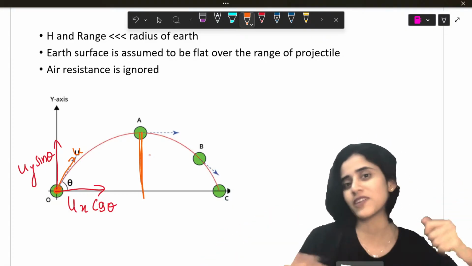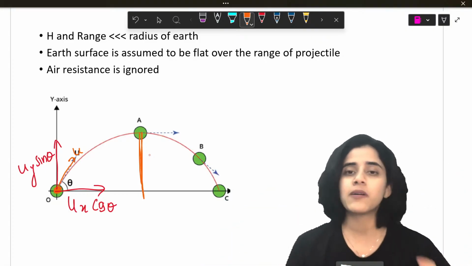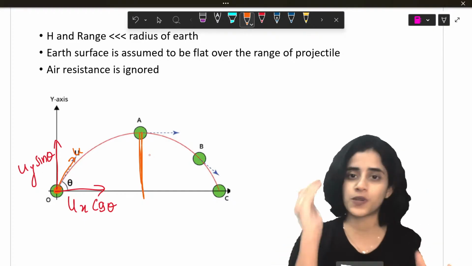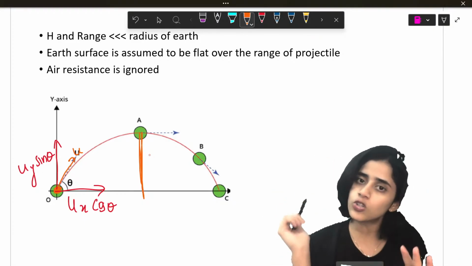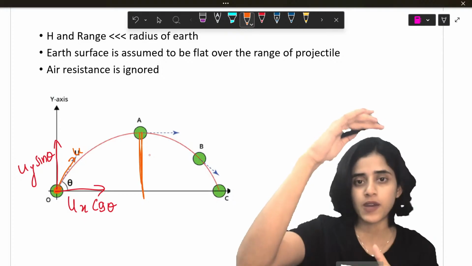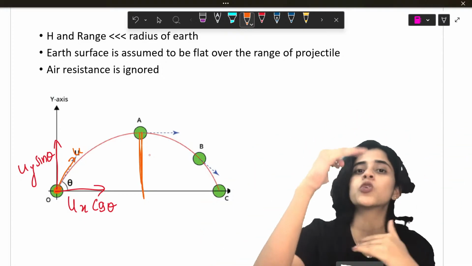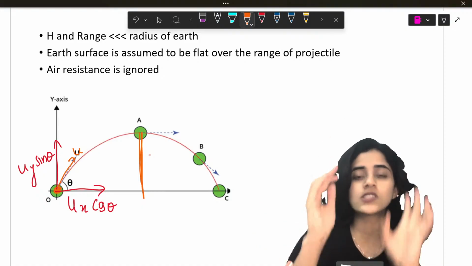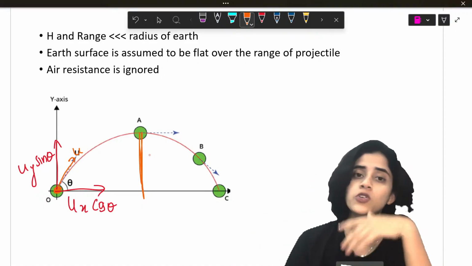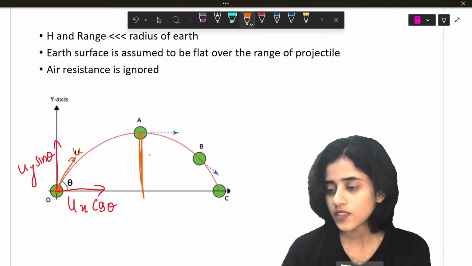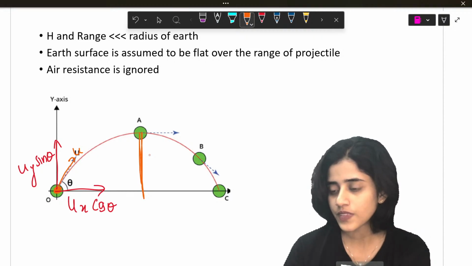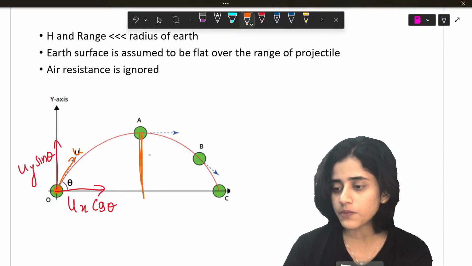If I was Superwoman or Superman, I could, but if a normal man, even if Neeraj Chopra throws it, it will only go to a certain height. It will not go up to space. So the height up to which whatever you throw goes is very small compared to the radius of the earth.